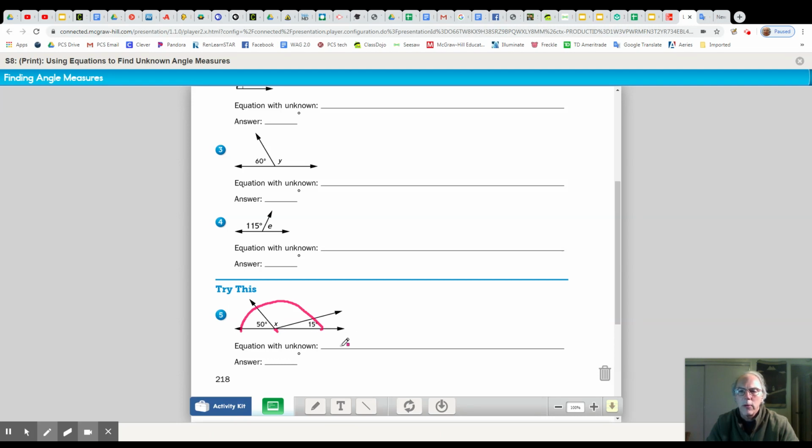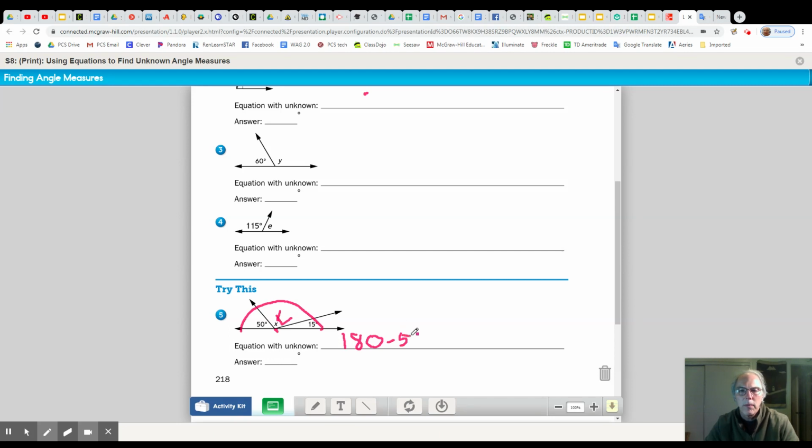Well, obviously it's 180 degrees. So you could figure out 180 degrees, let's try this with the pen. No, that's not working well at all. 180 minus 50. We're trying to find this x right here, the missing unknown angle, angle x.